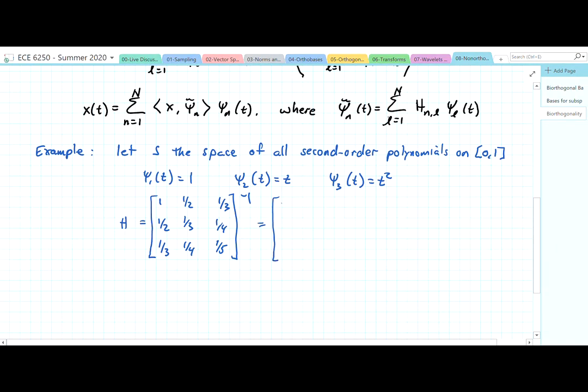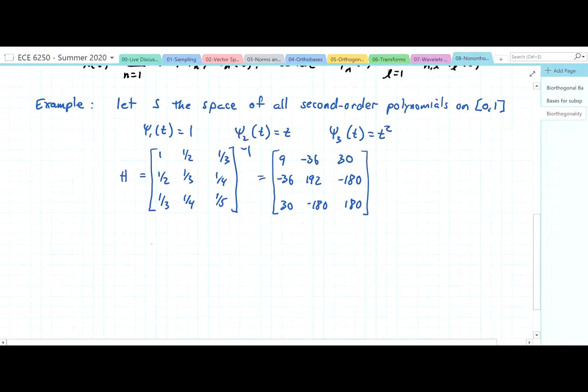And so this gives us an interesting matrix, much bigger than what we had before. Then we can just read off our tilde functions in this case.